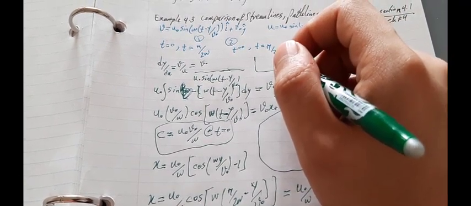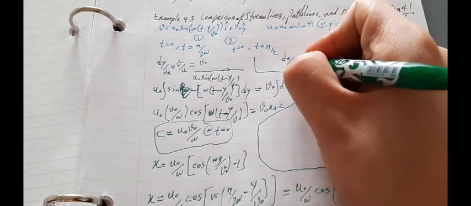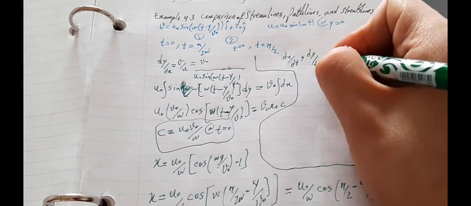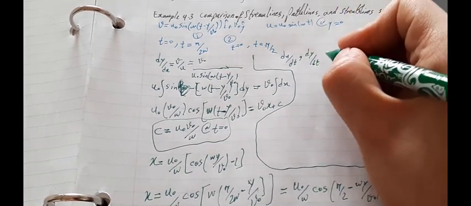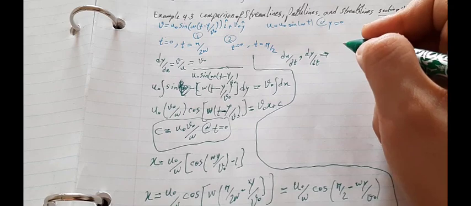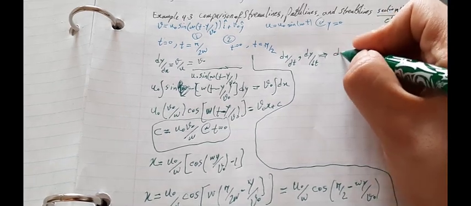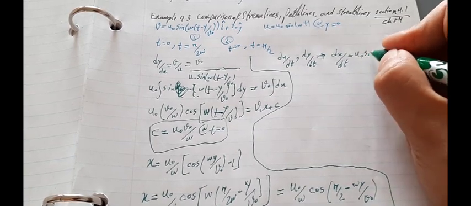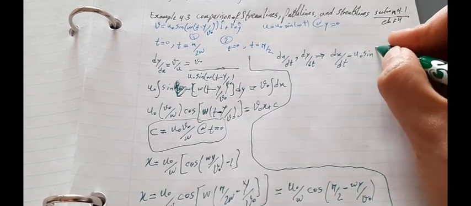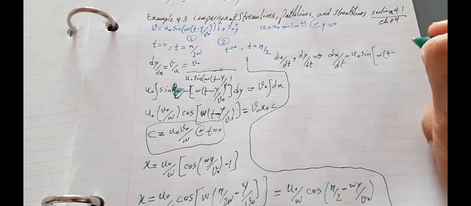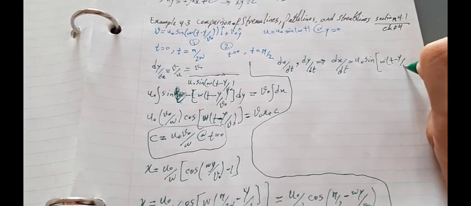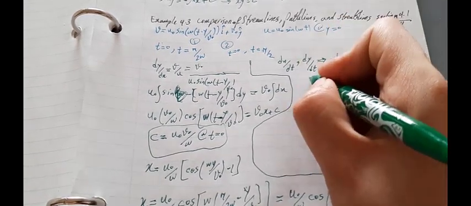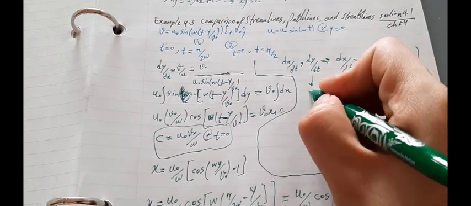Here we have the equation of dx over dt and dy over dt. The dx over dt is going to be equal to u0 sine omega multiplied by t minus y over v0, and the dy over dt is going to be equal to v0.